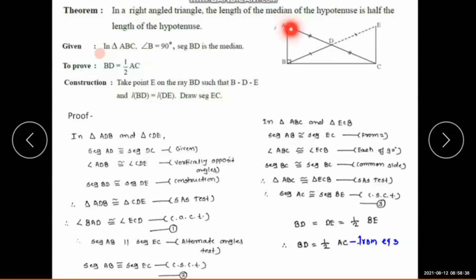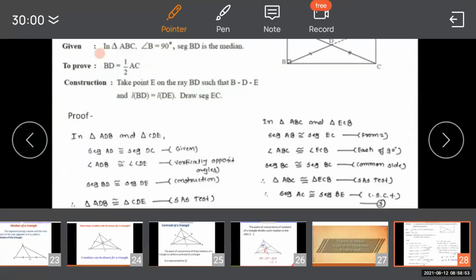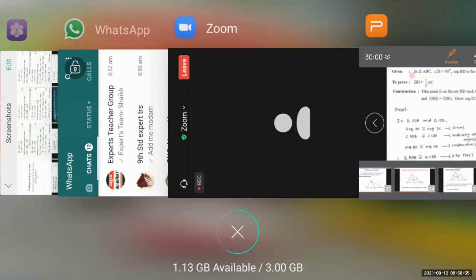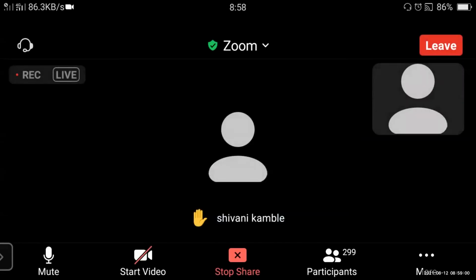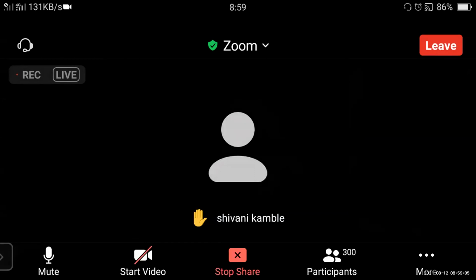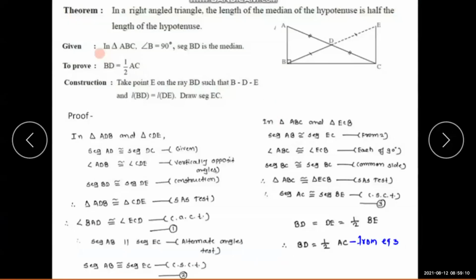Triangle ADB, or you can also write ABD in right order, this small triangle, and another triangle is CDE.